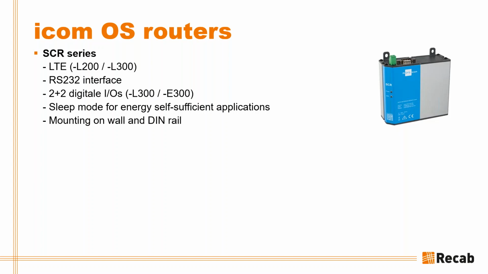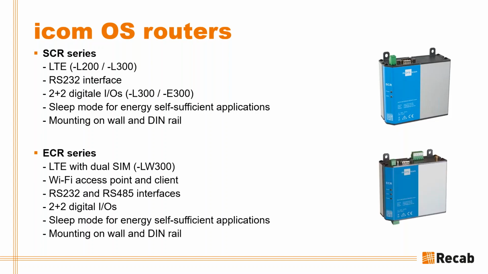And this router also has sleep mode for applications where you have very low energy supply, or you have solar panels that are powering it, or batteries. Then it can go to sleep and just wake when you need to use it.